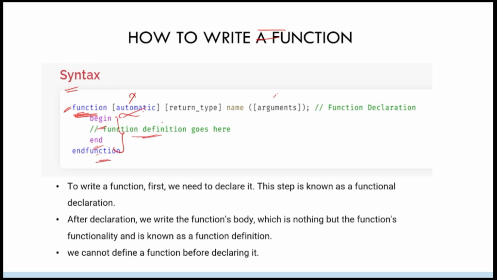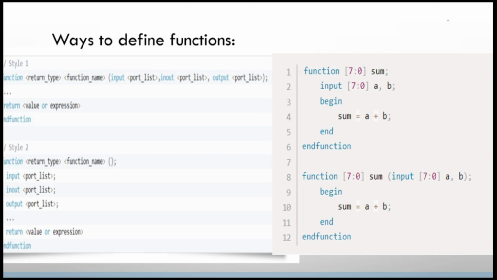The definition is the logic that you are using, the piece of code that you write. When it comes to defining functions, you can do it in two ways. You can give the input and output ports within the arguments itself, or you can declare them within the function. Inside the function you can declare the list and write that particular code or expression.